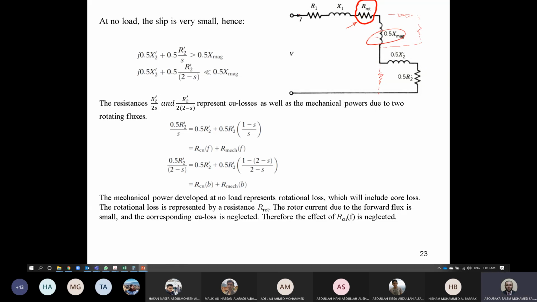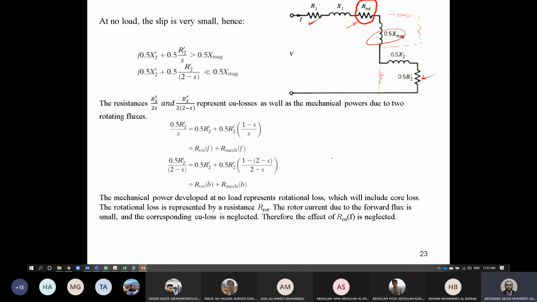How many resistances do we have here in the circuit? We have here R1, we have part of R2 prime, and the resistance which will represent the rotational loss. So now, after measuring the no load losses here, we can say that I no load squared, multiplied by the summation of resistances, equals the power of no load.